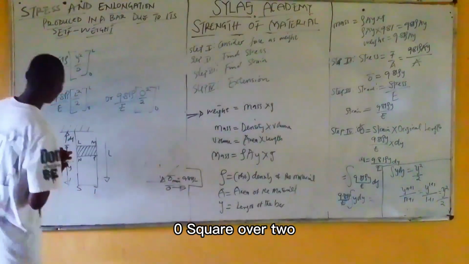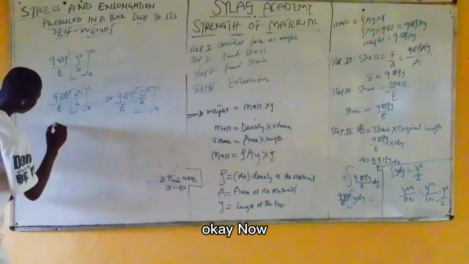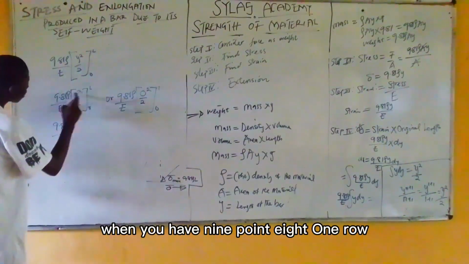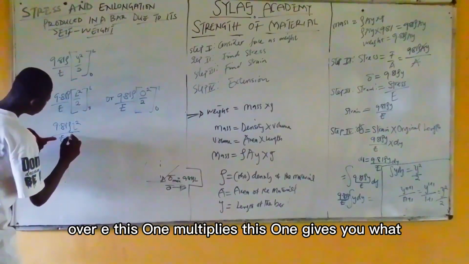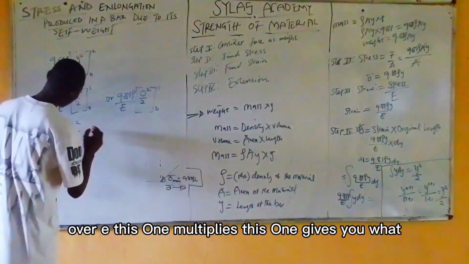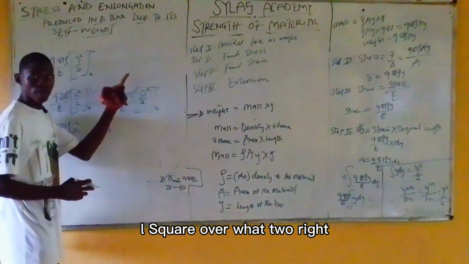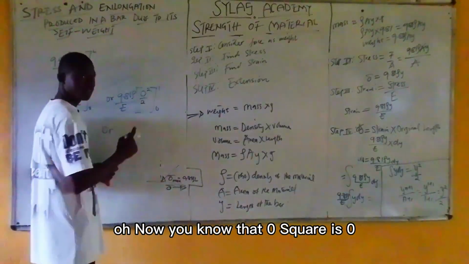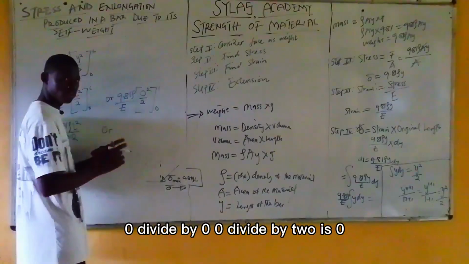Mathematically, when you have 9.81 rho over E, this one multiplies this one, giving you L square over 2, right? Now you know that 0 square is 0, and 0 divided by 2 is 0. 0 times anything is 0.